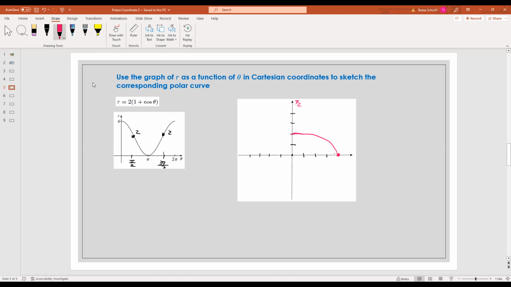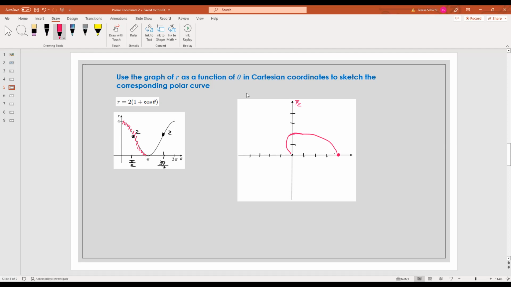And finally, when it reaches pi, it's going to hit zero here. So I know this curve corresponds to this red one.